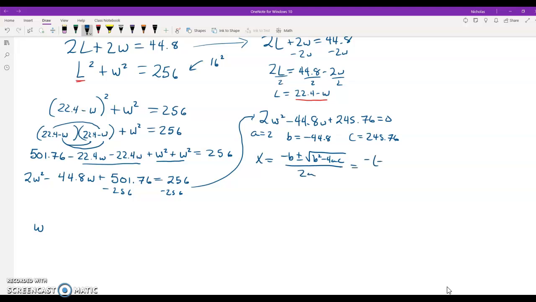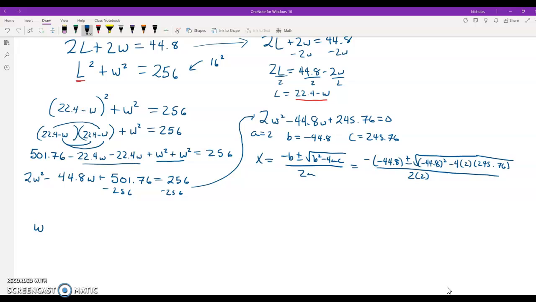So negative negative 44.8 plus or minus square root of negative 44.8 squared minus 4 times 2 times 245.76, and this is all over 2 times a is 2.